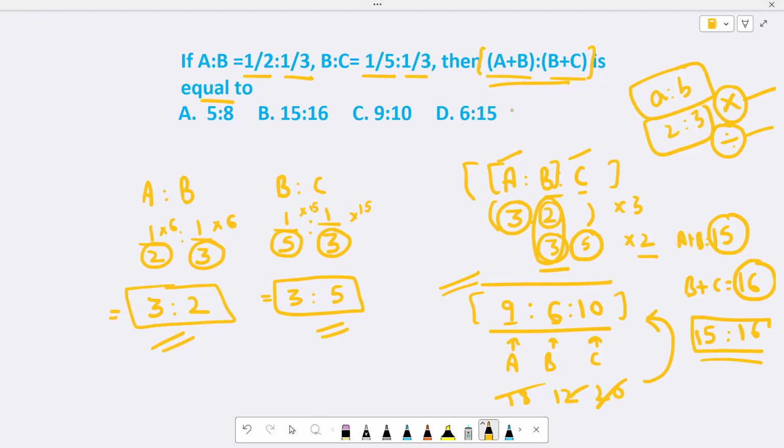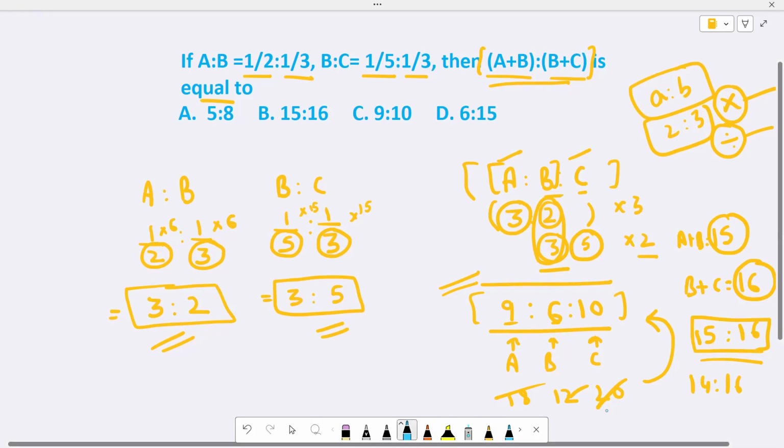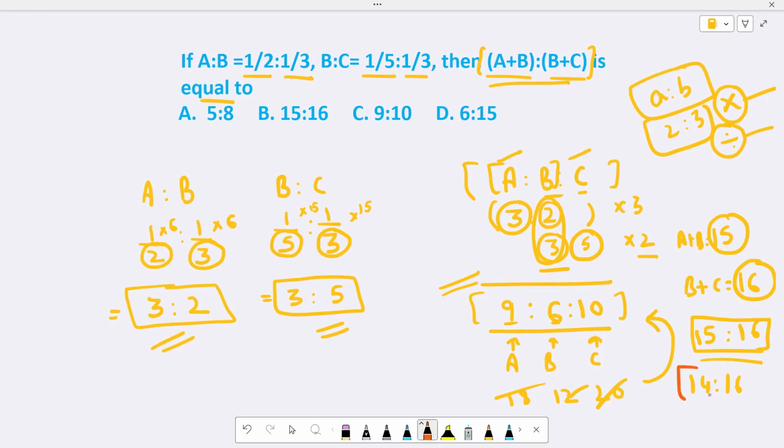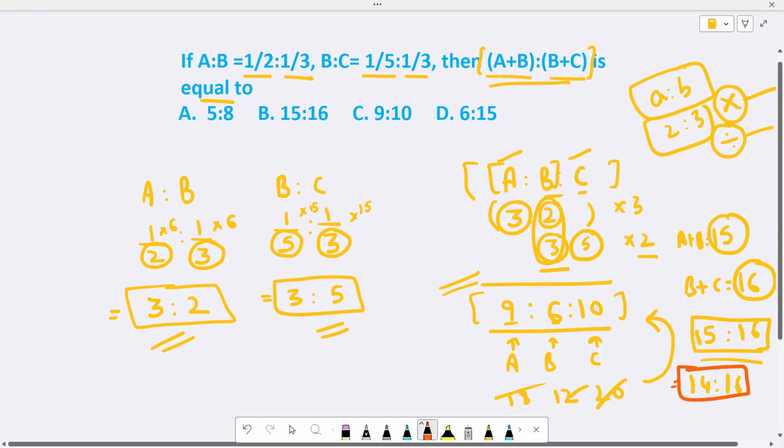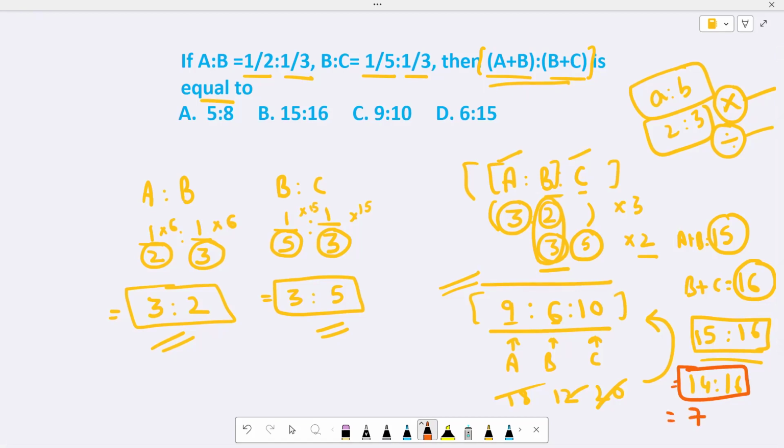If the numbers weren't co-prime and were in the same table, for example, the numbers were 14 to 16, just for the sake of understanding, then we would have cancelled them and written 7 ratio 8.